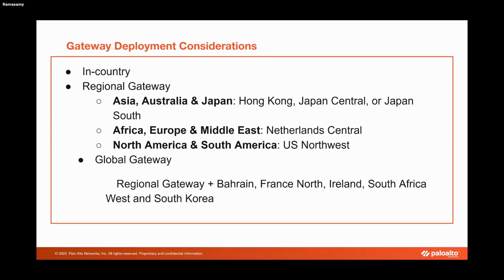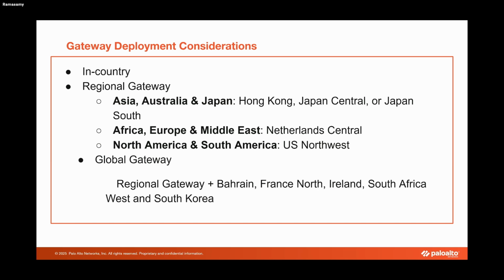You haven't onboarded any of these locations. Then the user in Singapore will connect to the global gateway. The global gateways are your regional gateways, which also act as global gateways, plus Bahrain, France North, Ireland, South Africa West, and South Korea.